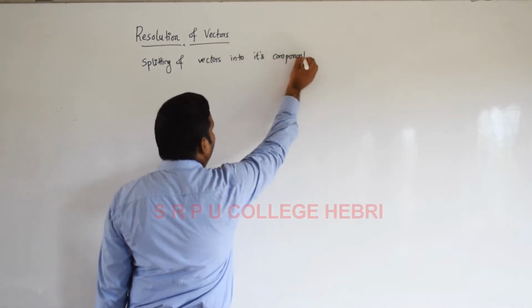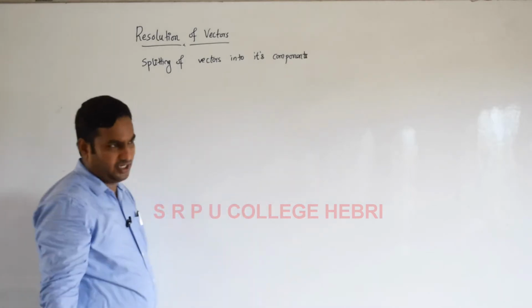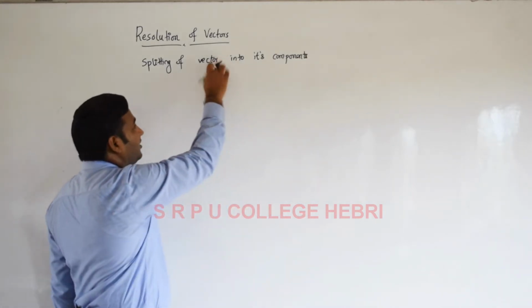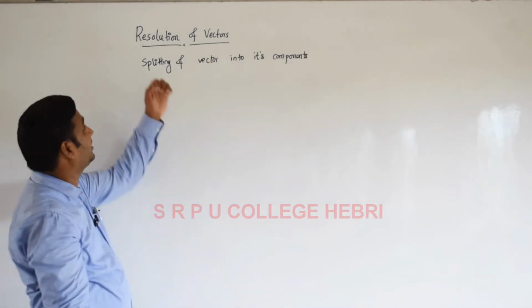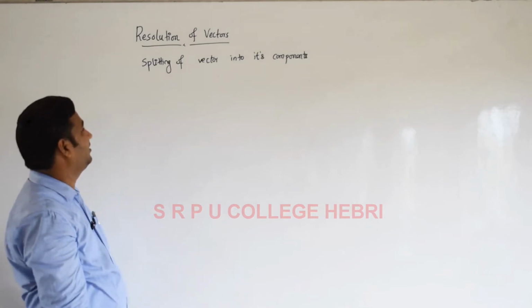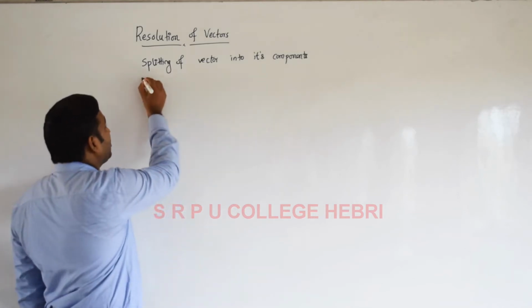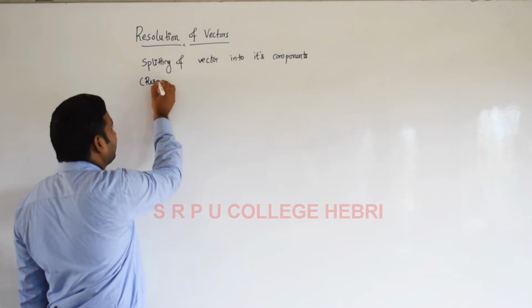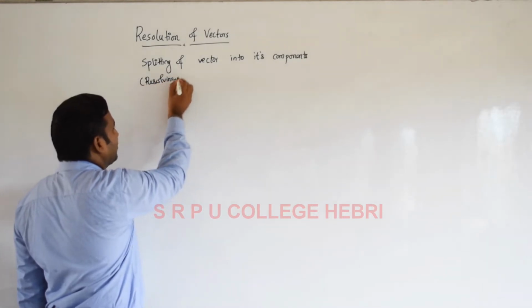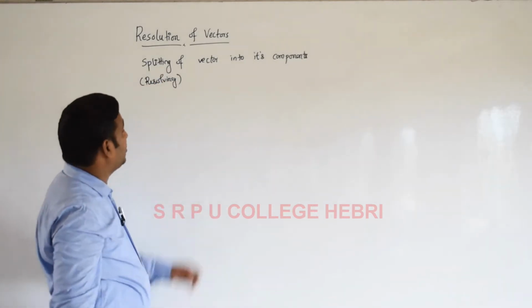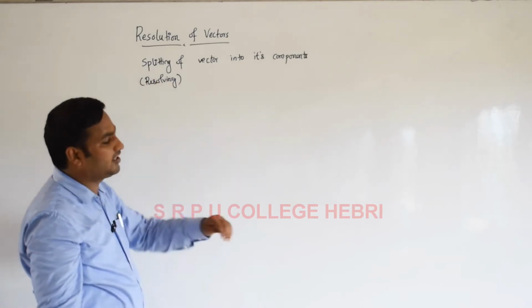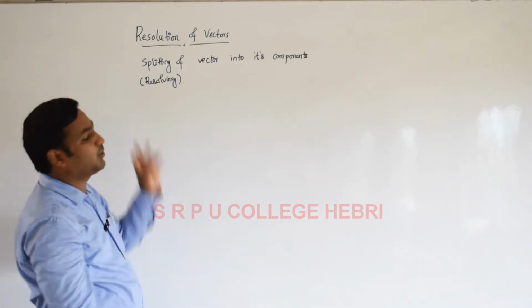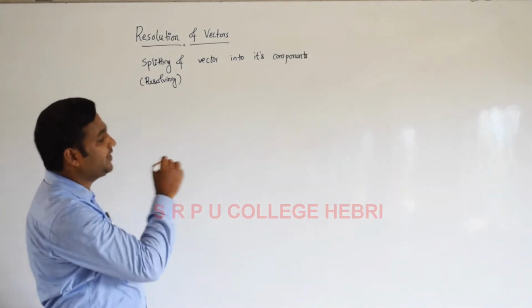Splitting of a vector into its components we call resolution of vector. Here splitting is also called resolving. Resolving of a vector into its components is also called splitting of a vector into its components.